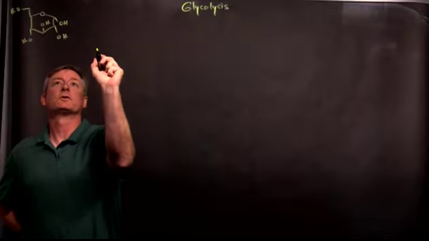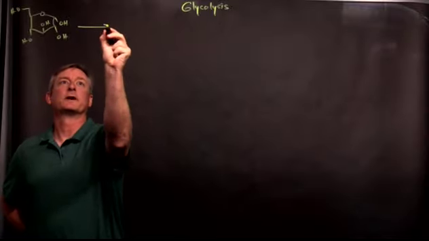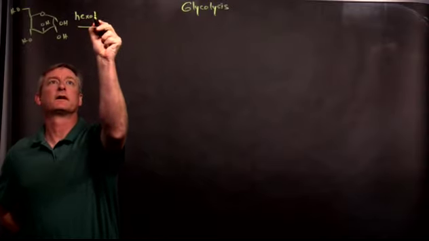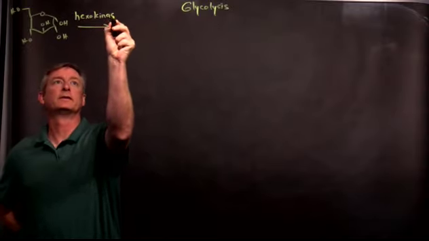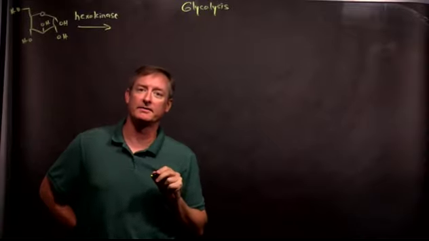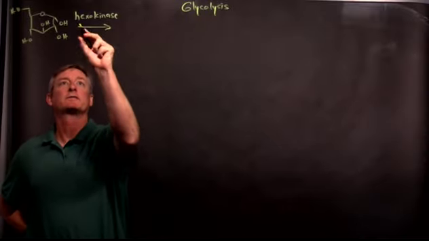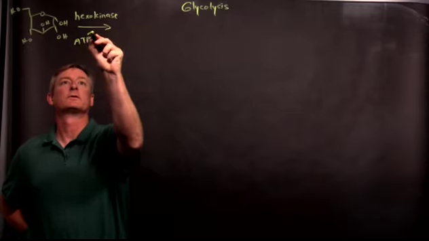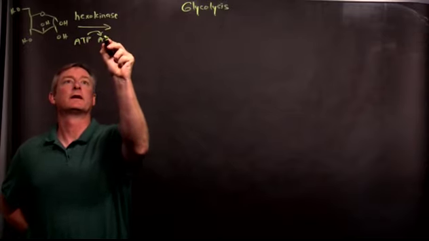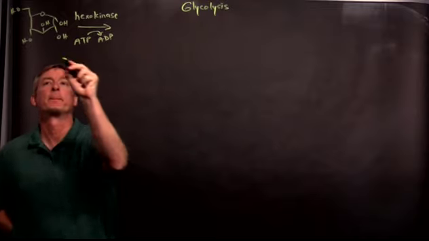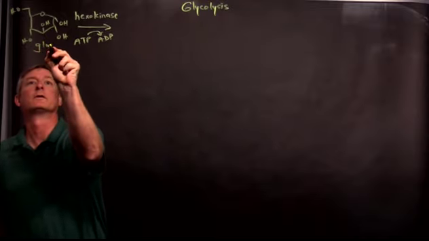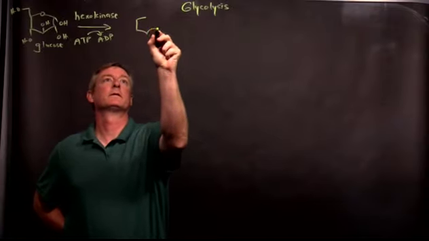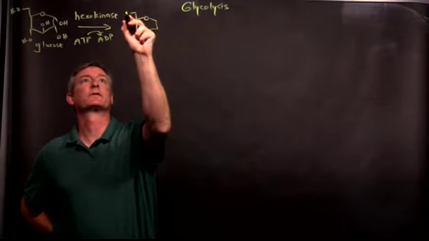Okay, so the first reaction is a kinase reaction, right? Kinases are a family of enzyme that use ATP to add phosphates to things. And so hexokinase acts upon glucose and uses ATP to turn glucose into glucose 6-phosphate.